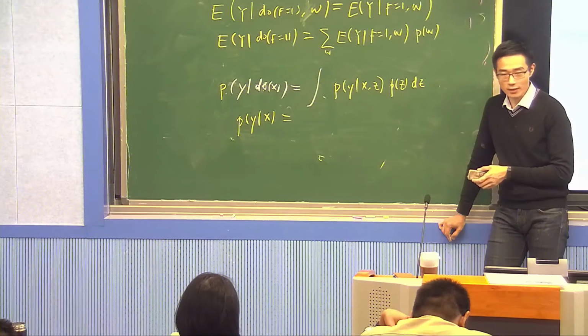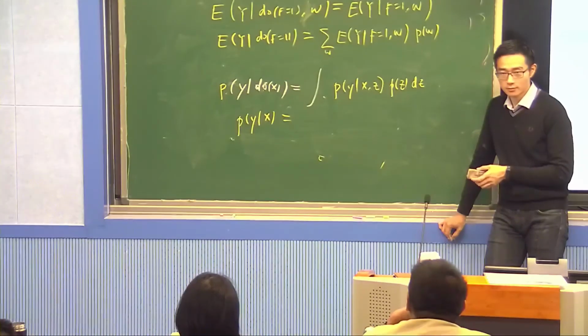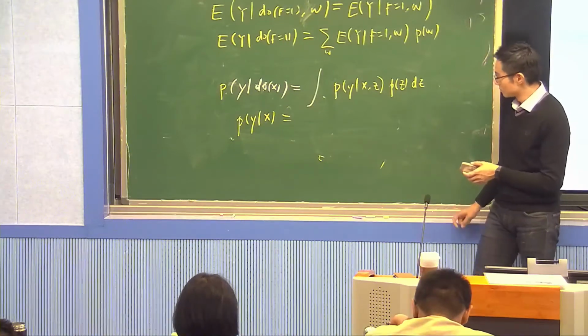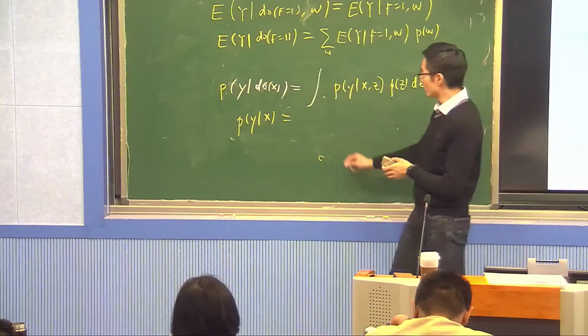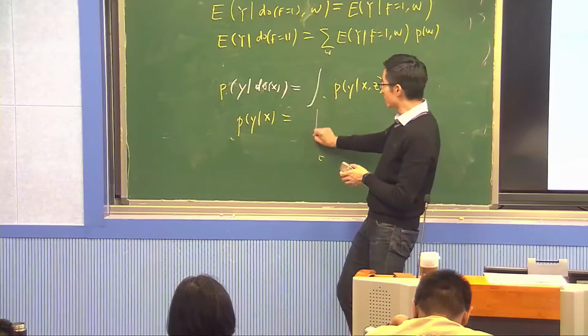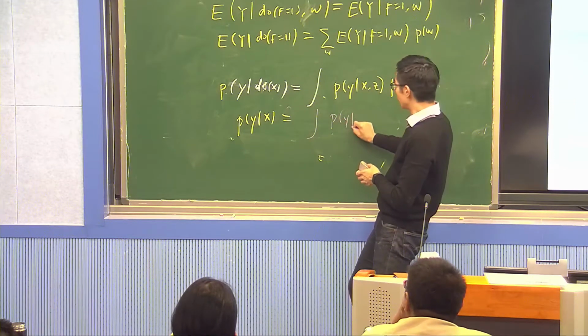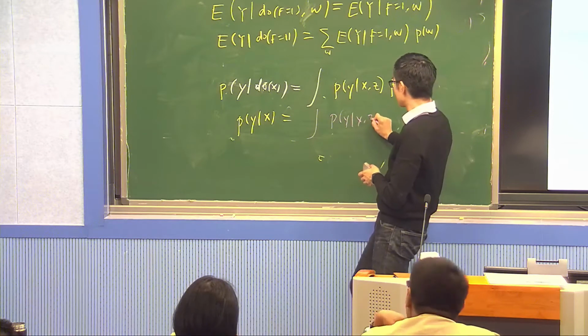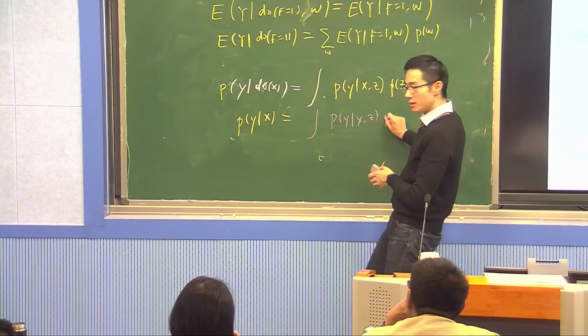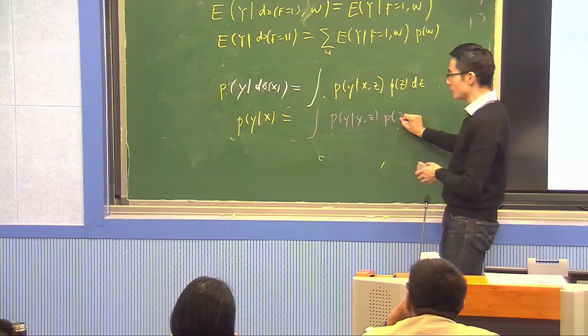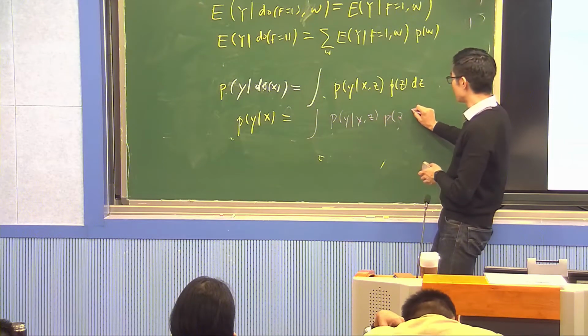If not, what is P(y | x)? Well, I can also write P(y | x) as the integral of P(y | x, z) P(z) dz?